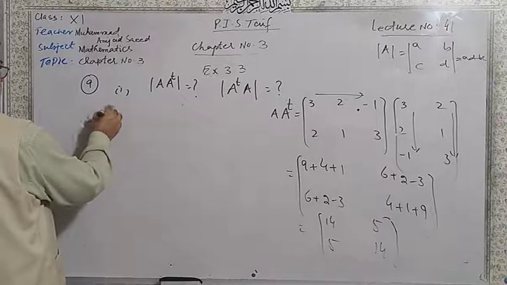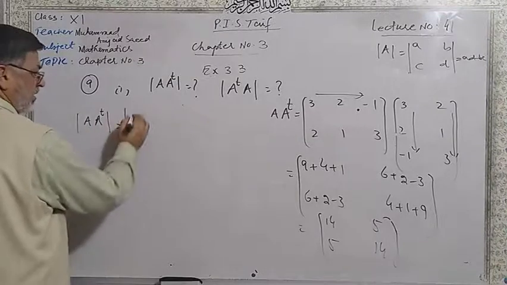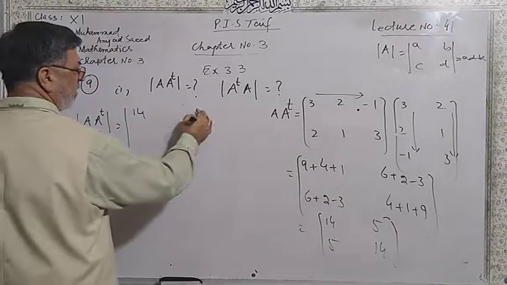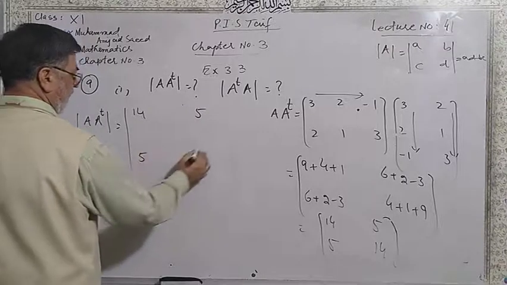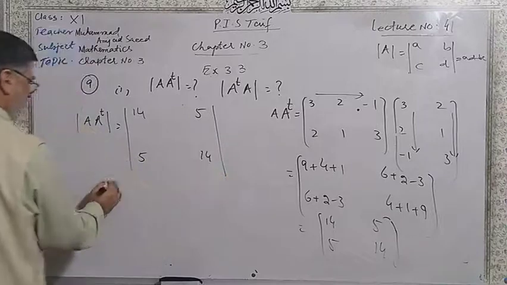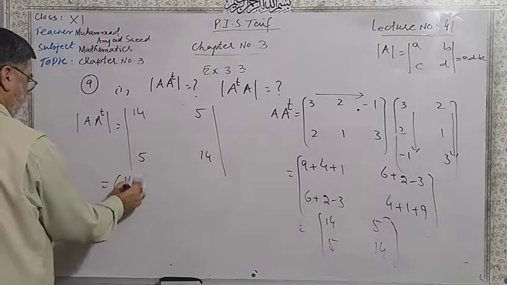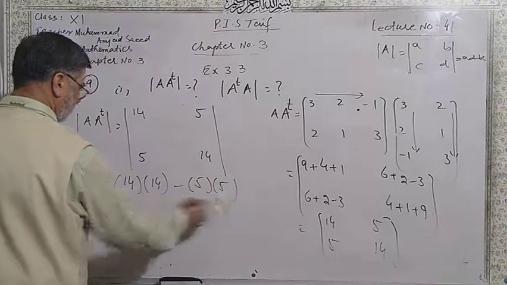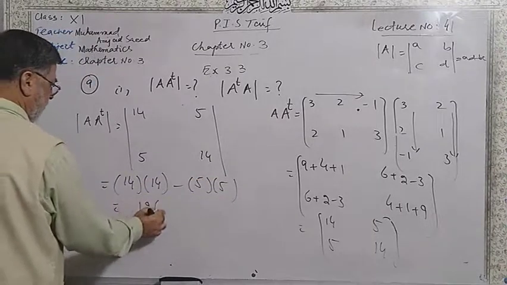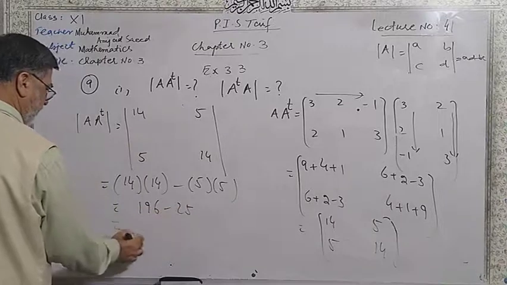Now we have to find their determinant. So A transpose determinant will be 14, 5, 5 and 14. AD minus BC, that is 196 minus 25.